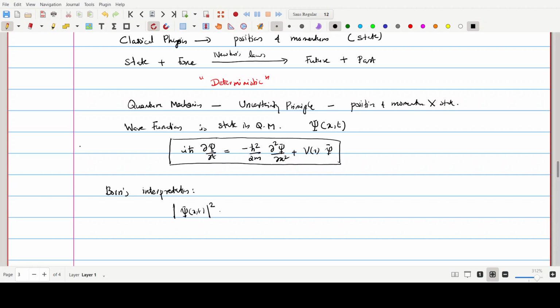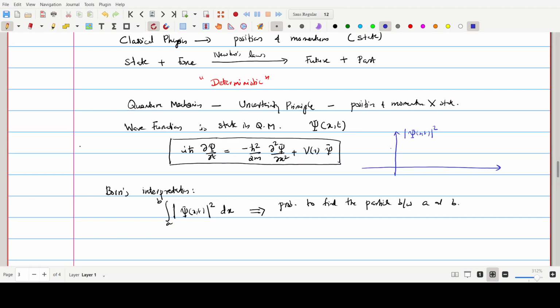So mod psi square dx, integral a to b. If you integrate mod psi square over a distance, then this integration will give the probability to find the particle between a and b. Suppose you have a wave function. Better I go for a graphical representation.